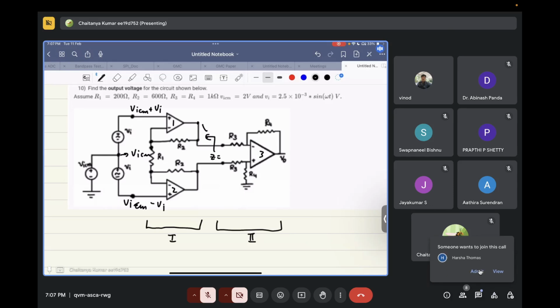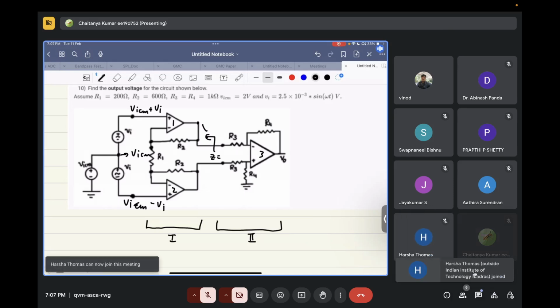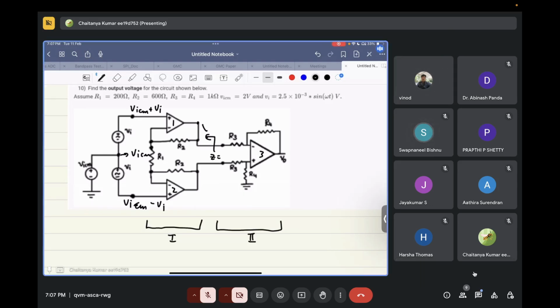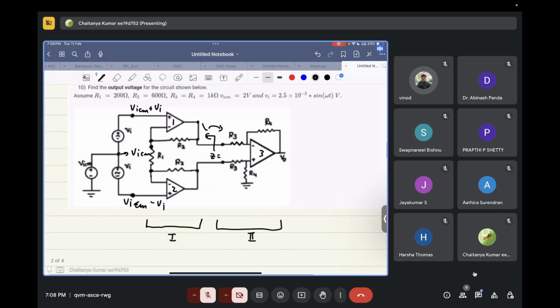So for the output of an ideal op amp, what will be the output resistance? Zero. Yeah. So whatever is cascaded after that won't change the output voltage of the op amps, right? Yes, sir. So what we can do is first focus only till this point. Once we find out the output at this point, we can move to stage two. Okay.